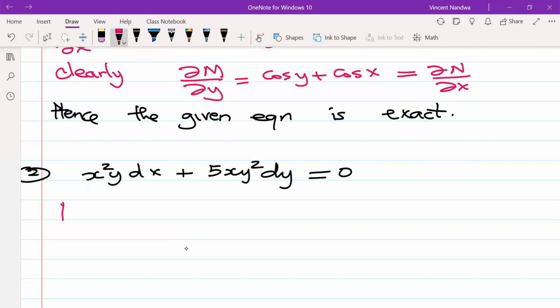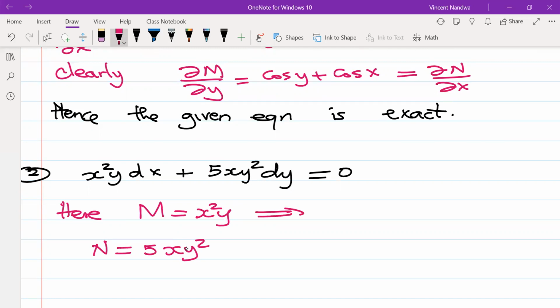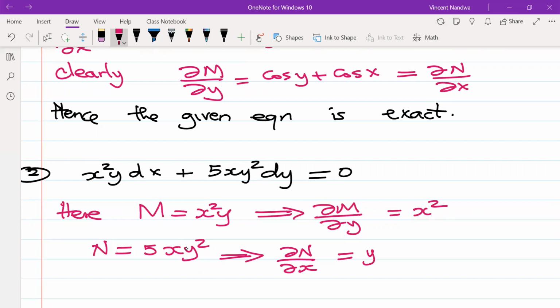Now here, M is x squared y, and N is given by 5x y squared. So this means partial M partial y is x squared, and this means partial N partial x is given by 5y squared.